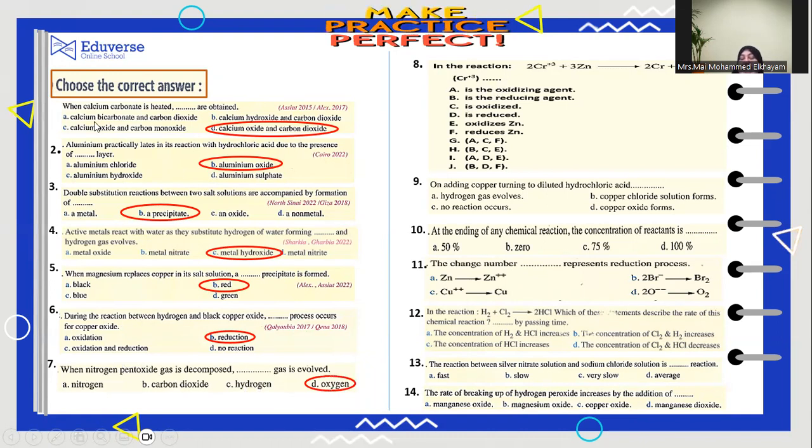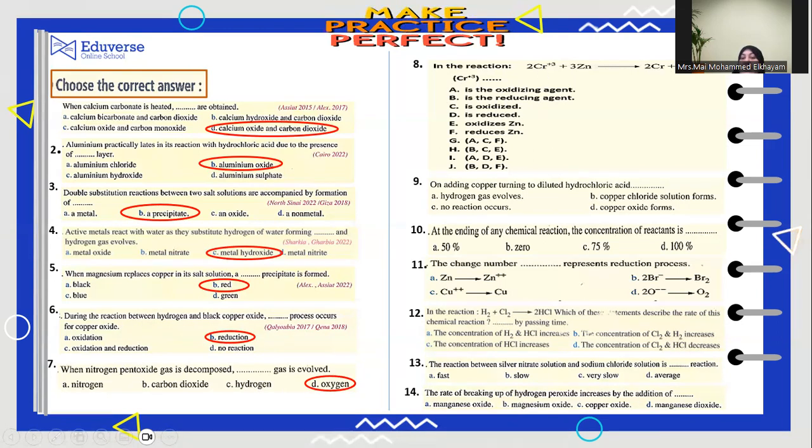In the reaction here, chromium positive 3 plus zinc will give chromium plus positive zinc. So the chromium here, please pay attention. I have to ask myself, what happened to this element? Here, is it neutral or ionized?